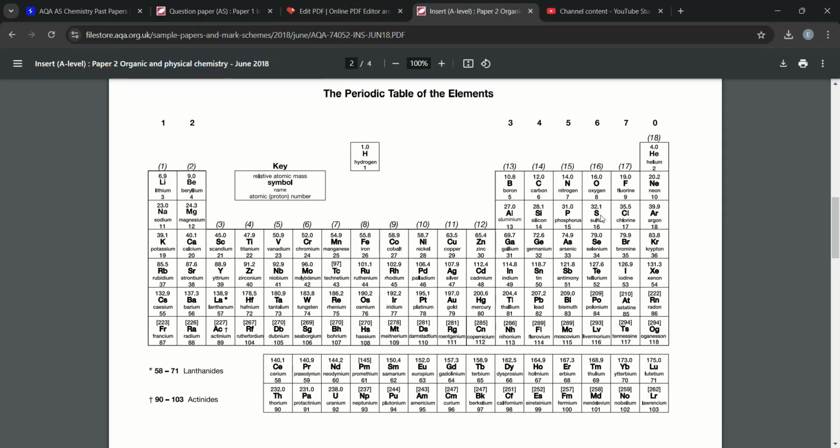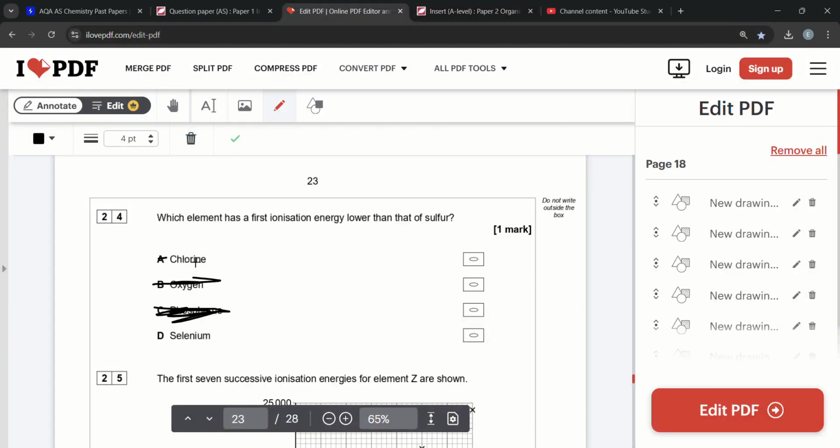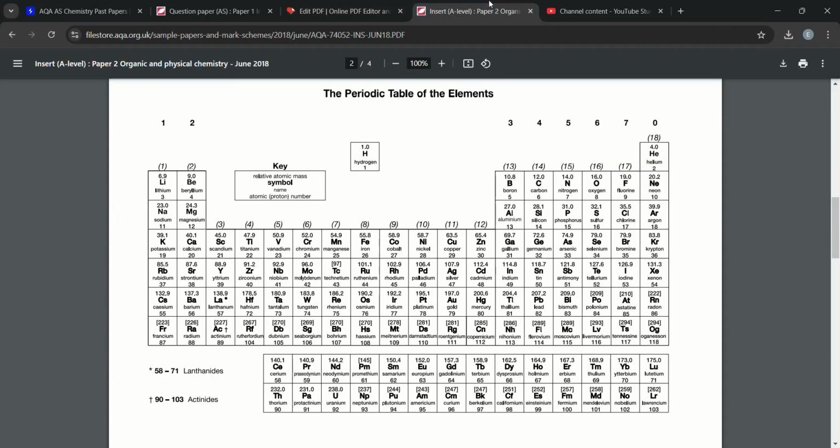Chlorine, yeah, because first ionization energy increases across the period, and sulfur has the electron pair repulsion in the p orbital, I'm pretty sure. Once you add another electron, the electron pair repulsion is removed, and therefore chlorine is going to have a higher first ionization energy than sulfur, and therefore the answer must be selenium.